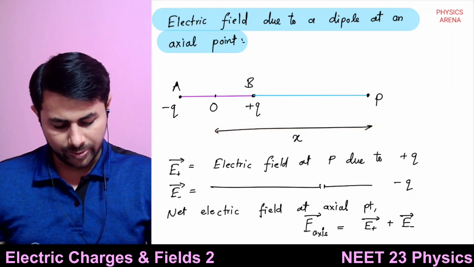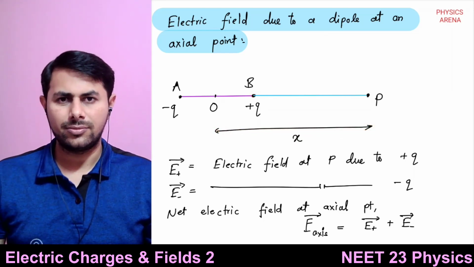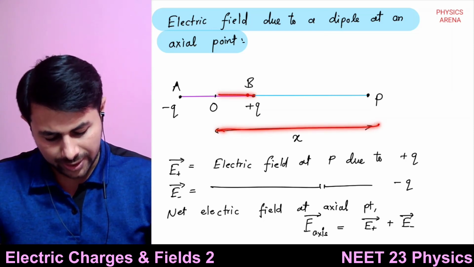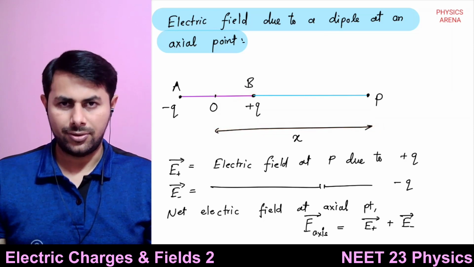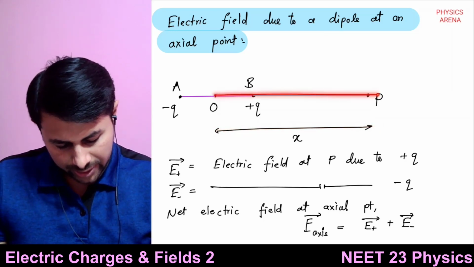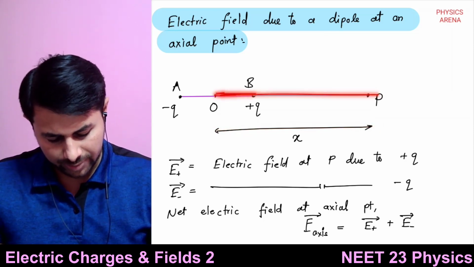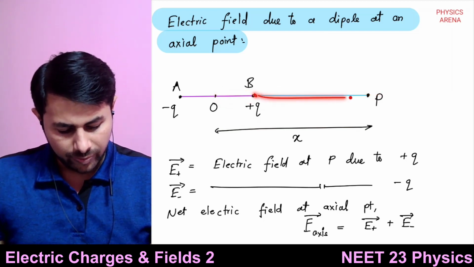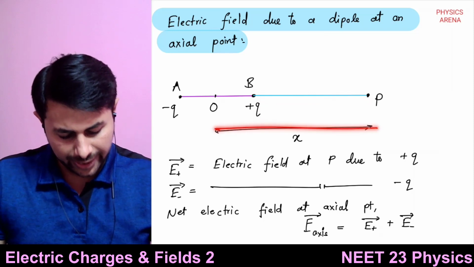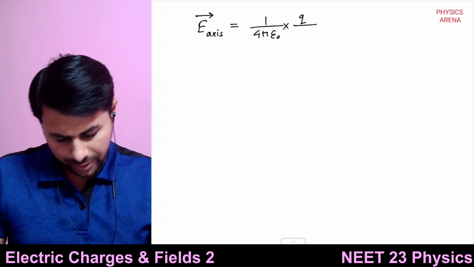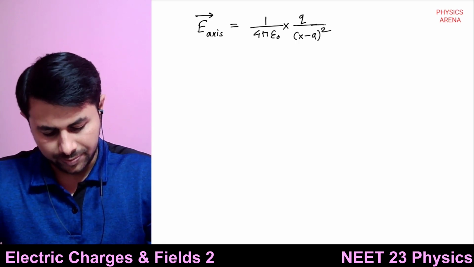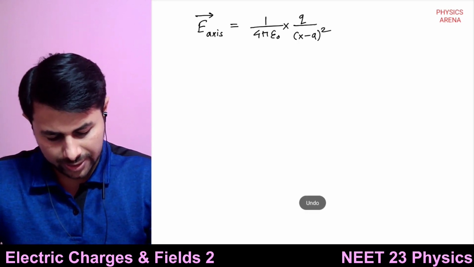So how much would be the distance from plus Q? This distance would be this distance minus this much distance. That is the distance of point P from plus Q, so it is x minus a. So we can say it is x minus a squared. So this is the magnitude.